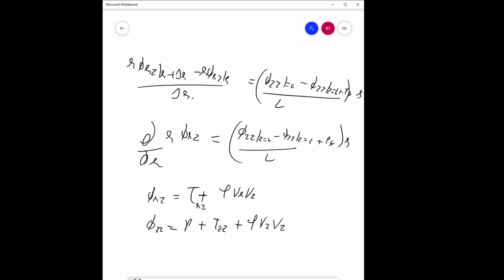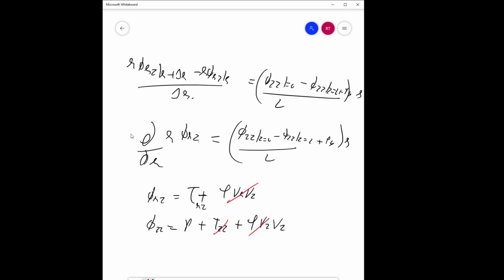So here this term gets cancelled out because velocity in z is a function of r and not of z, so this term gets cancelled out. There's no change for the factor of phi zz at z equal to 0 and z equal to L. It's cancelled out, so just P and just P. You can take the rho g also inside, and here it is cancelled out because vr was zero.